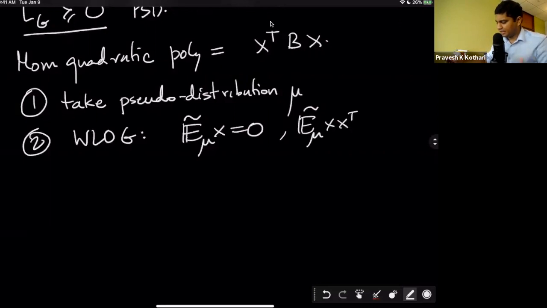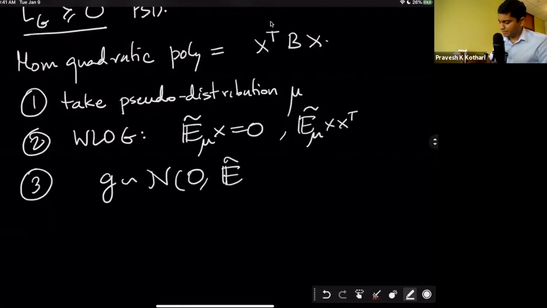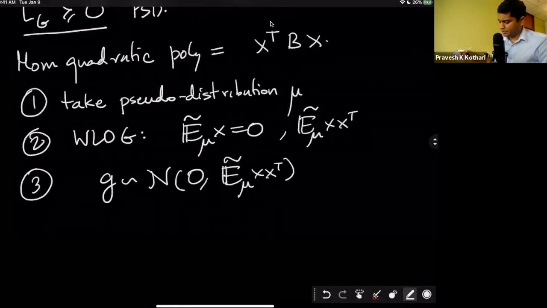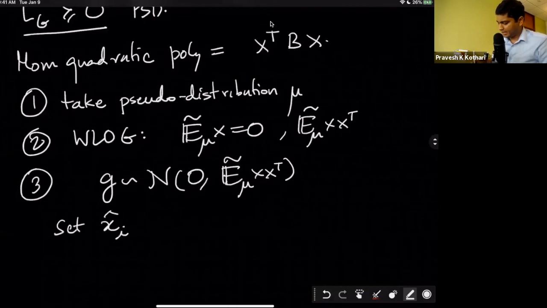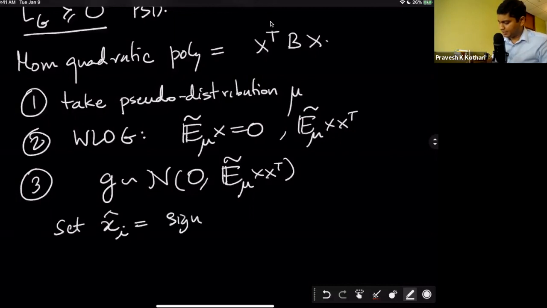So we were given this pseudo distribution and we said, okay, all we're going to do is just select a Gaussian vector with 0 mean and covariance xx^T, and simply set x hat_i, which is our rounded vector, to be the sign of g_i for every i. In fact, we're going to use the notation that x hat, the vector, is sign of g, where sign is applied entry-wise.